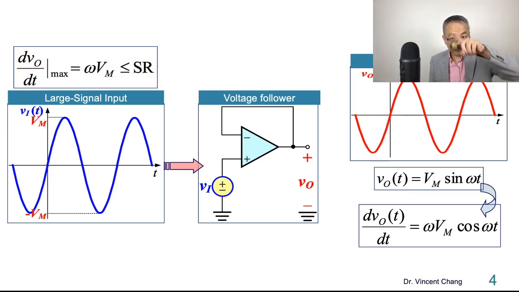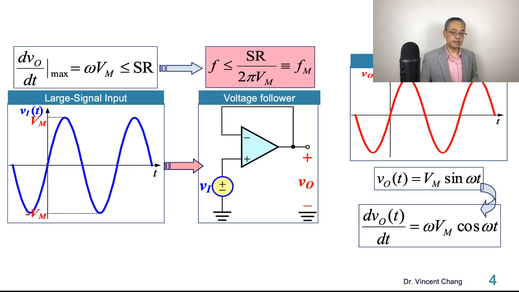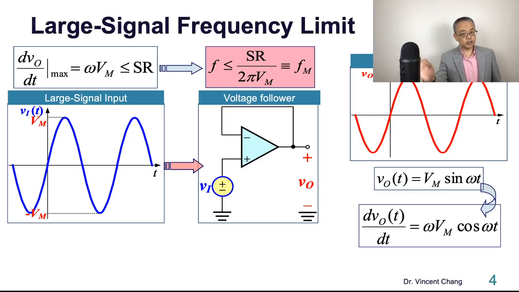That means the frequency f, where 2 pi f equals omega, has a limit. And that limit, the slew rate divided by 2 pi V capital M, is the large signal frequency limit. It's your large signal frequency limit.